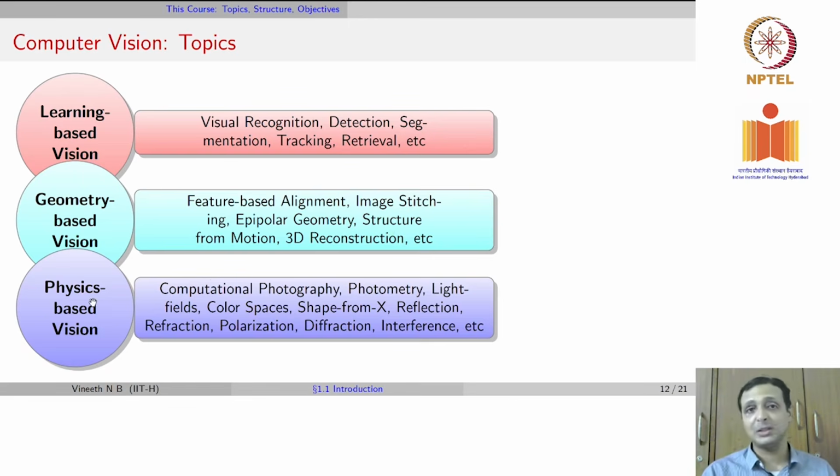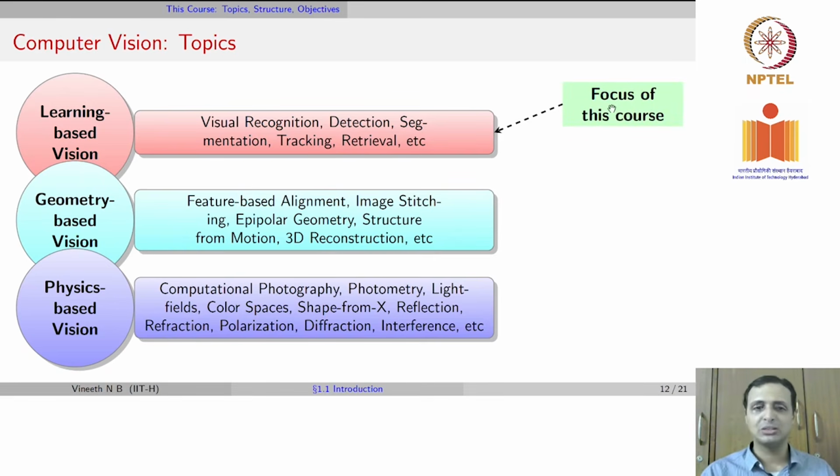And finally, there's physics-based vision, where you talk about computational photography, photometry, light fields, color spaces, shape from X, where X could be shading or structure or any other topic, reflection, refraction, polarization, diffraction, interference, and so on and so forth. So clearly you can see a lot of this has to deal with the physics of how an image is created. Right? So these are all different subfields of computer vision that have developed over the years.